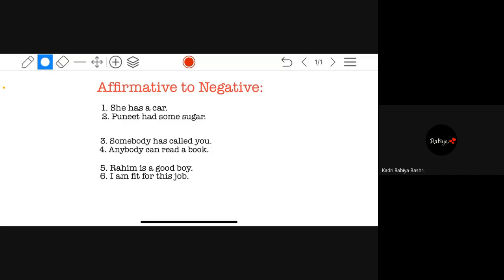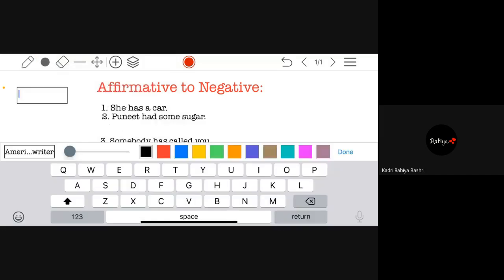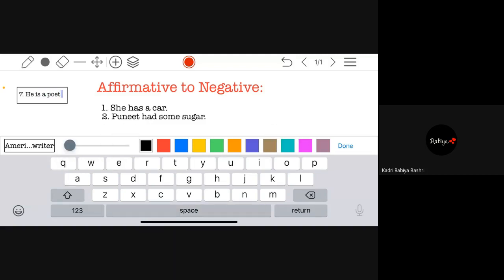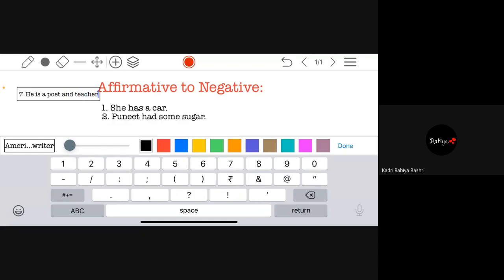And one last way where you can change affirmative to negative, very important. These three were actually very easy. Now, see the last rule. For example, if it is given, he is a poet and teacher.